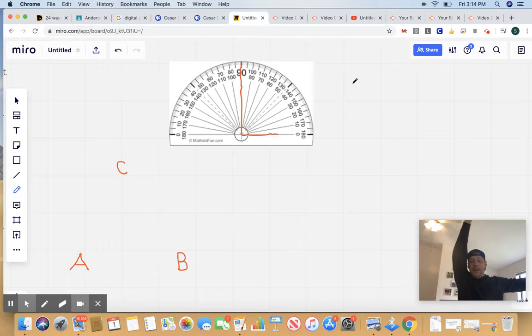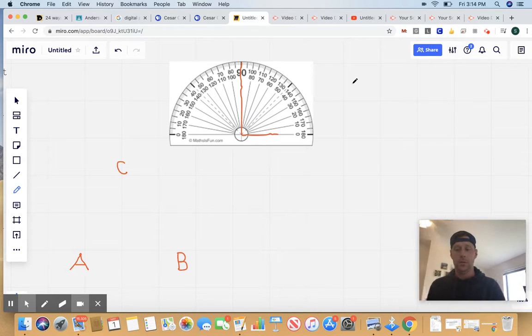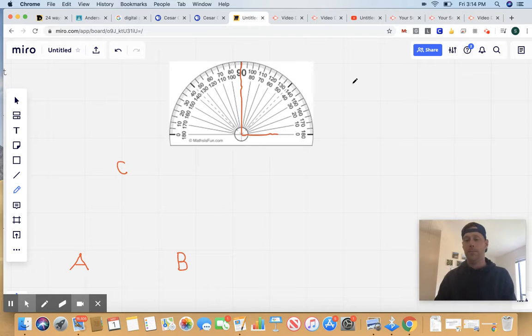That's a 90-degree angle. I've got a picture frame right in front of me, and the corner of the frame makes a 90-degree angle. Behind me is a window, and the corner of that window is a 90-degree angle. Got a sheet of paper in front of me as well. The corner of that is a 90-degree angle. So you see them all the time.